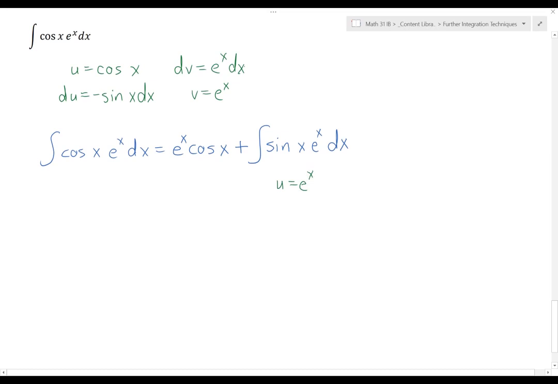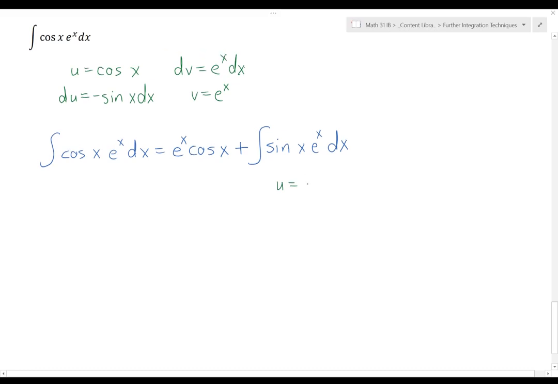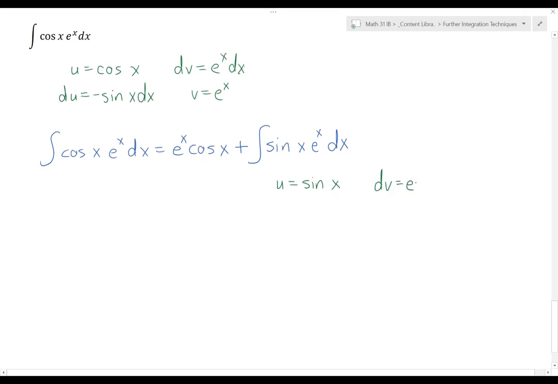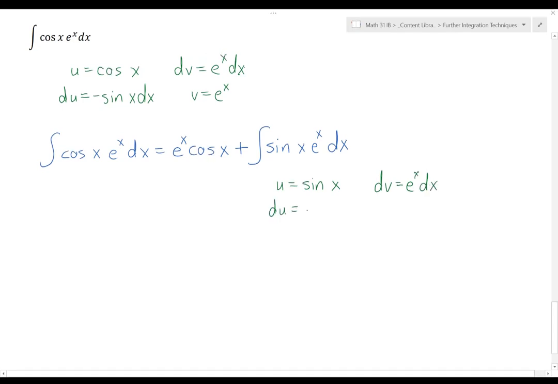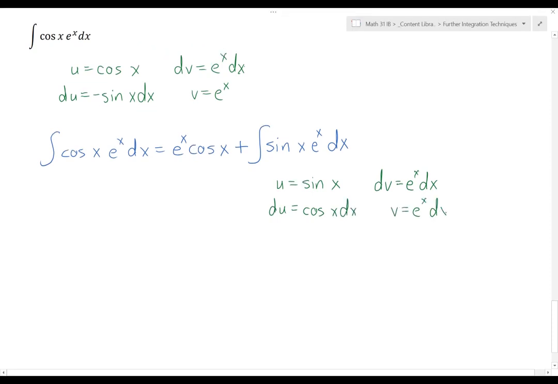That's going to not work. But because I used the trig function as u, I have to use the trig function as u again this time. So u equals sine x, and dv is still going to be e to the x dx. So du equals cos x dx and v equals e to the x.